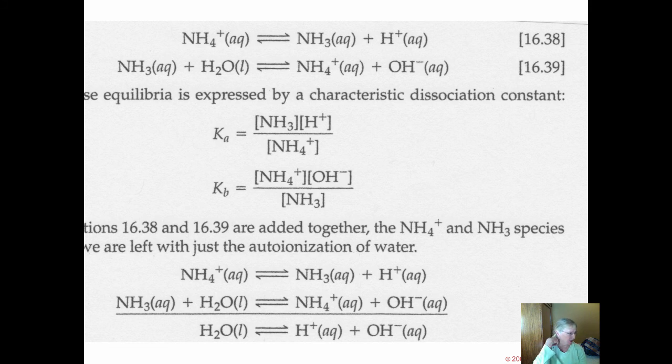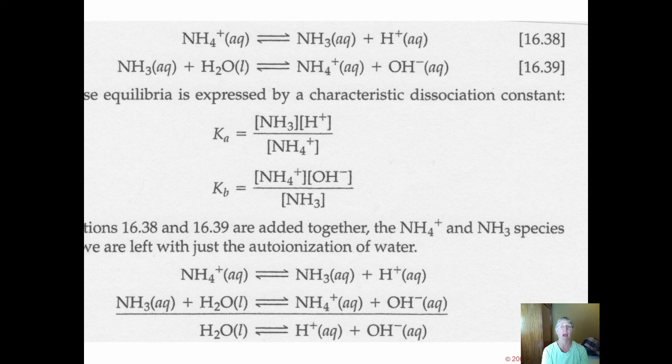So here's that section from page 693 in the textbook, and it shows in the first equation NH4+, ammonium, donating a hydrogen ion, so it's acting as an acid here. And in the second equation, it shows ammonia, NH3, accepting a hydrogen from water, acting as a base. So each of those could have a Ka and a Kb expression written for them.